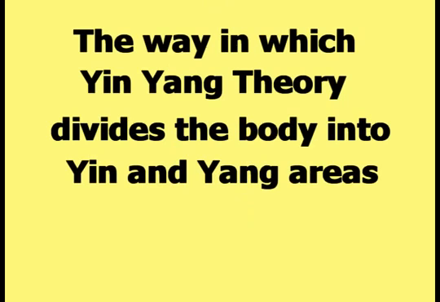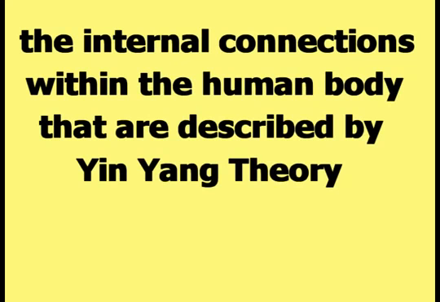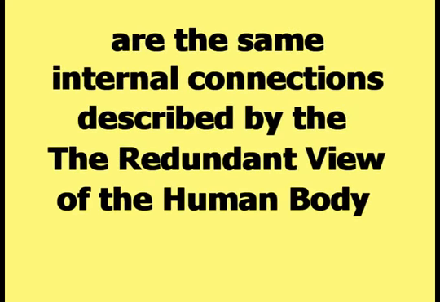The way in which yin-yang theory divides the body into yin and yang areas is similar to the way that the redundant view of the human body divides the human body into redundant control areas. According to the creator of this video, the internal connections within the human body that are described by yin-yang theory are the same internal connections described by the redundant view of the human body.